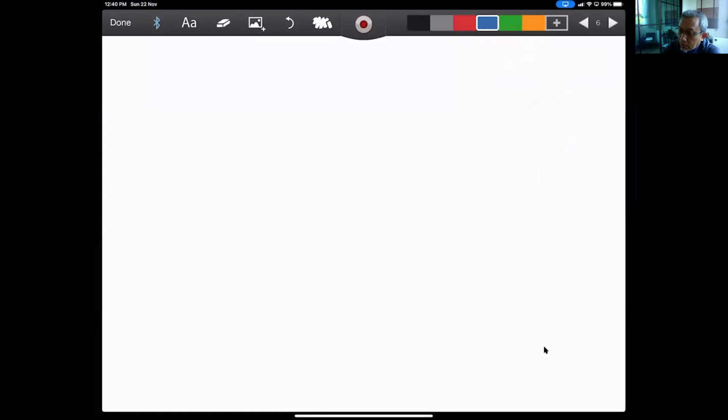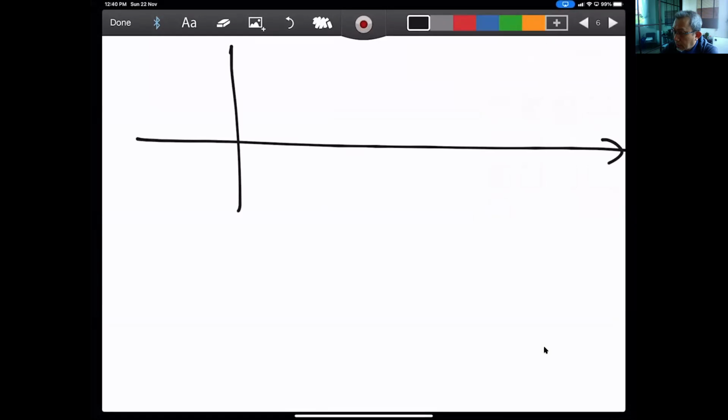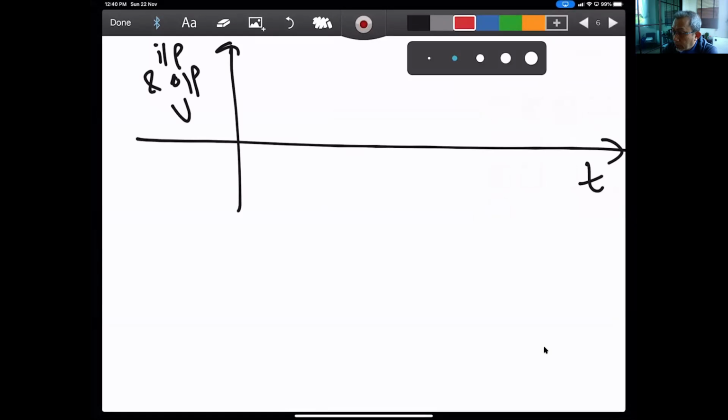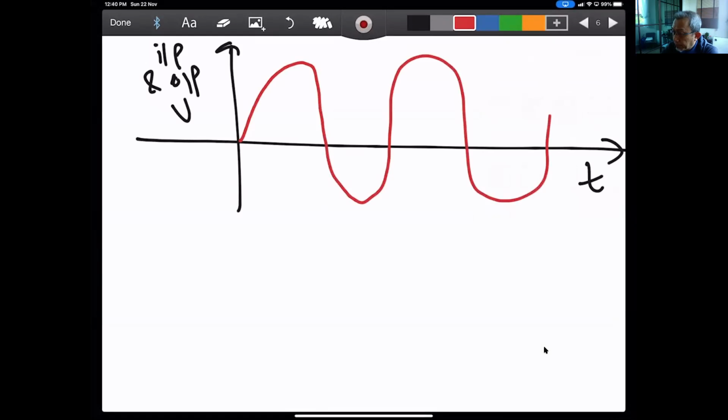Okay, so let's say you have data here, which is time, input and output voltage. So we begin with the input. This is your input, sine wave. And this is your output.